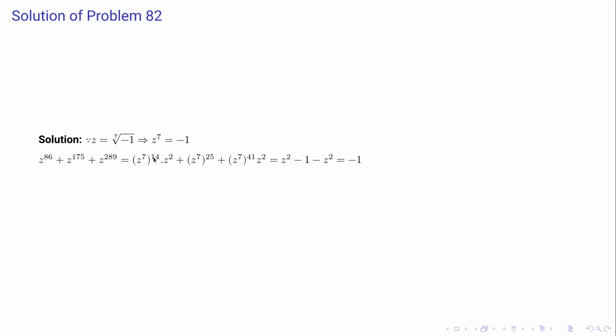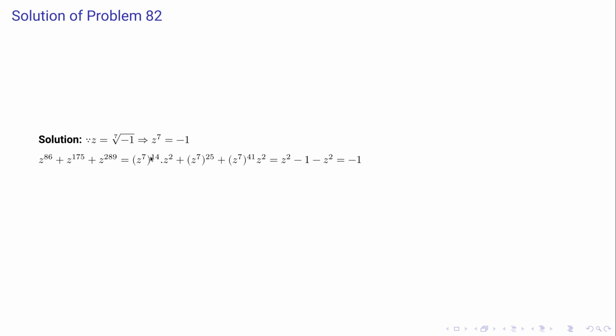So it is z to the power 7 into 14 into z square. 175 is 25 into 7, so z to the power 7 into 25. And z to the power 289 is 287 plus 2. 287 is 7 into 41. So z to the power 7 into 41 into z square.